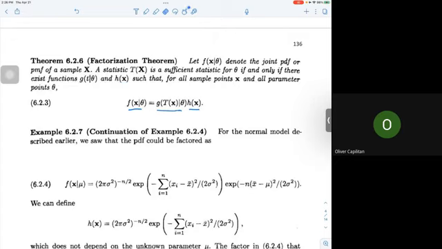If statistic T of X is a sufficient statistic for the parameter, then we can express our joint PDF as the product of these two functions. And if we can express the joint PDF as the product of the two functions, then it would also imply that our statistic T of X is a sufficient statistic.